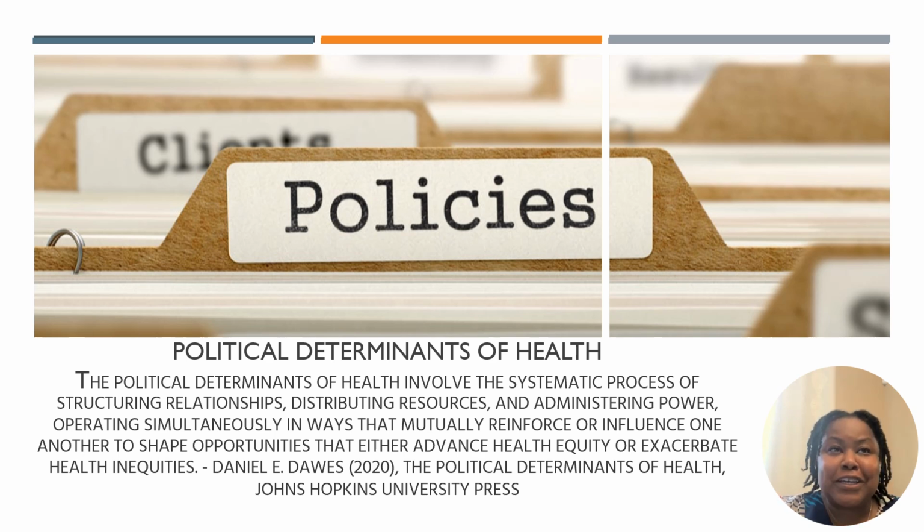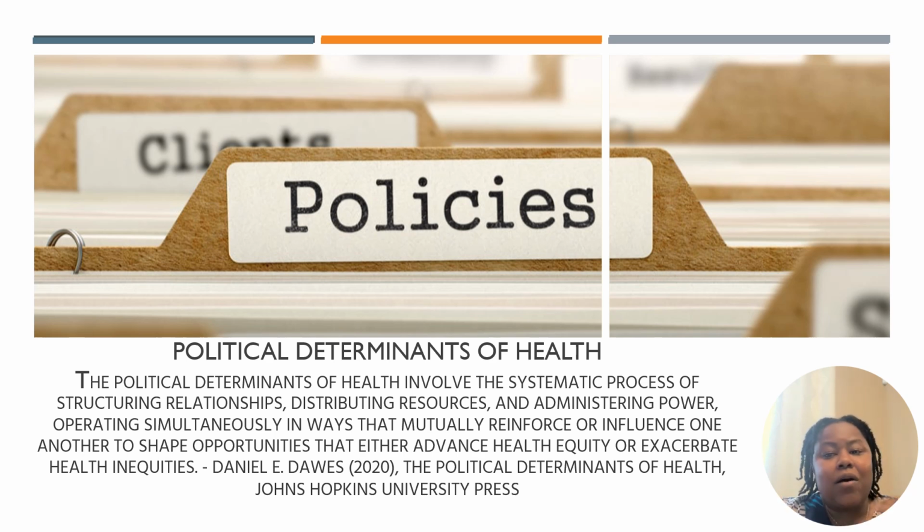So essentially, the way that we can think about it is, what is the cause of the causes, right? The causes being the social determinants of health, but what causes the social determinants of health? And that's where political determinants of health come into play. Political determinants of health really involve the systematic process of structuring relationships, distributing resources, and administering power, operating simultaneously in ways that mutually reinforce or influence one another to shape opportunities that either advance health equity or exacerbate or worsen health inequities.